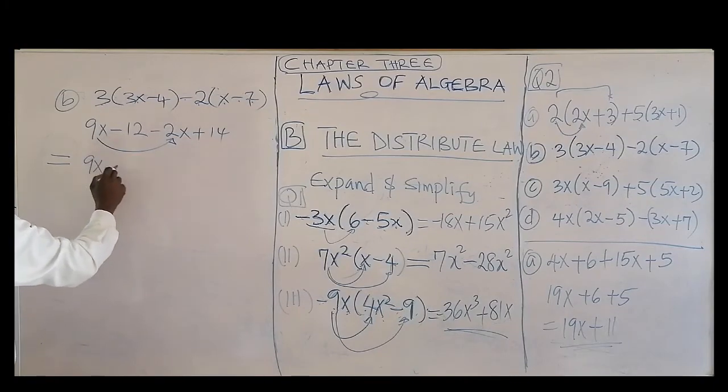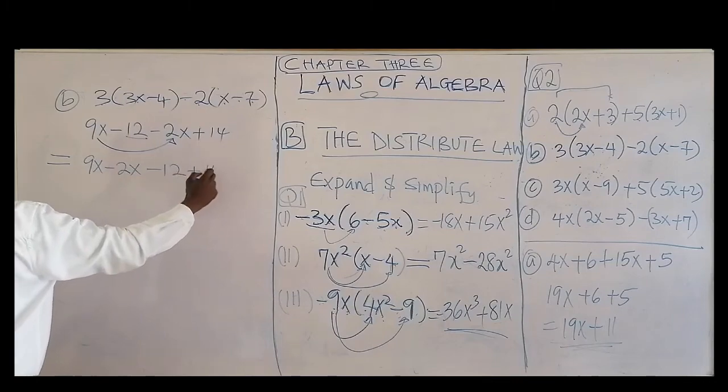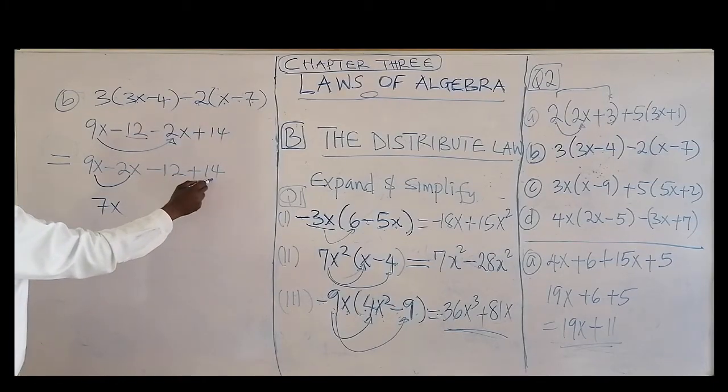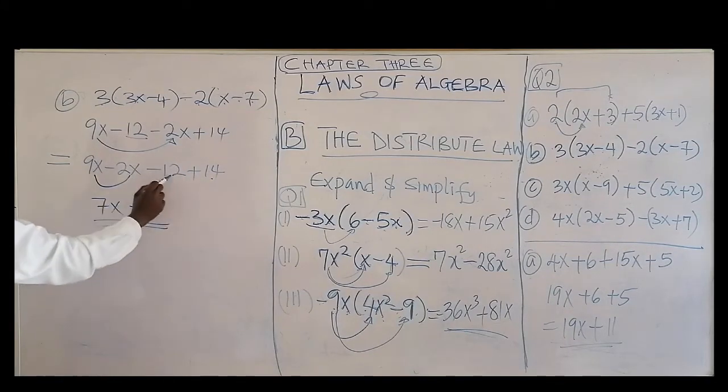This is 9x minus 2x minus 12 plus 14. So these two will give me 7x, minus 12 plus 14, that's a plus 2.